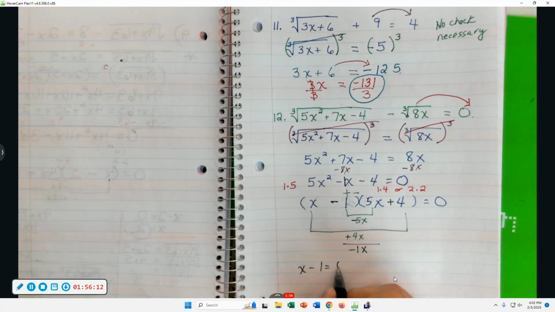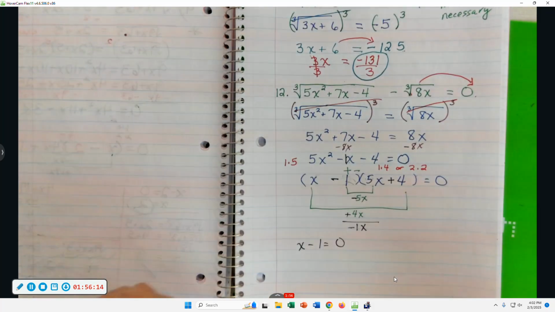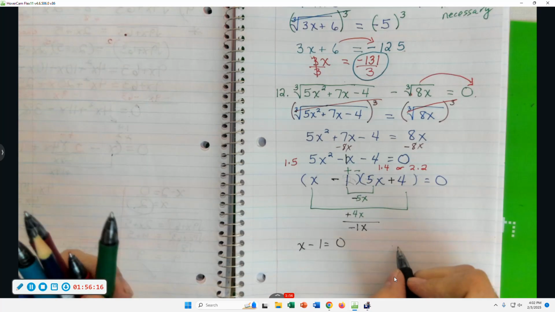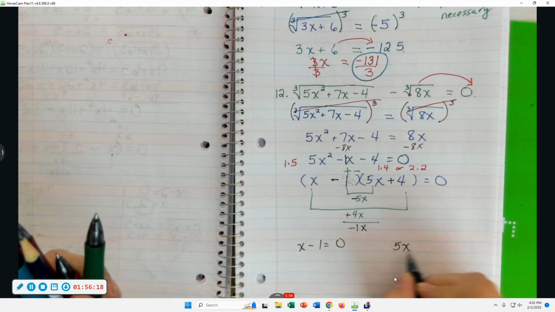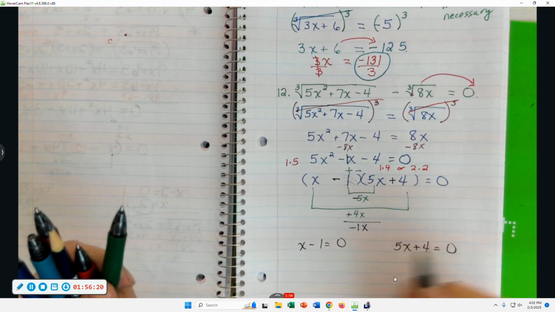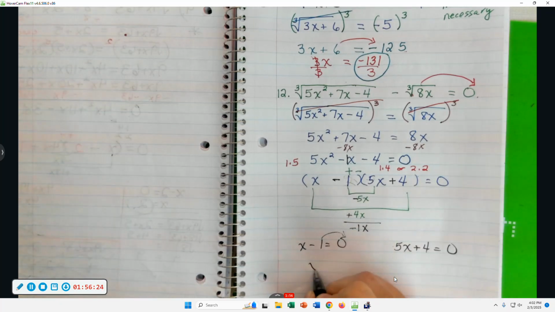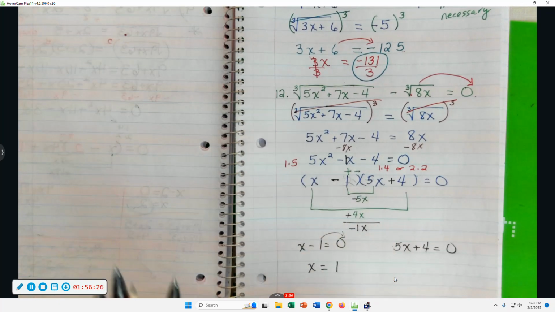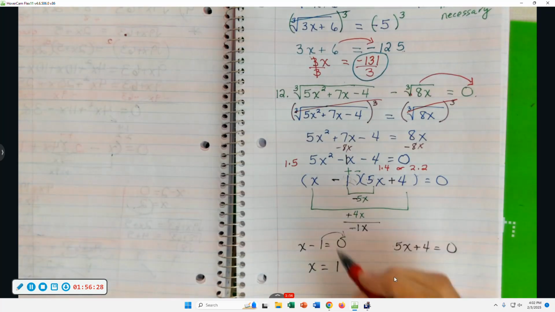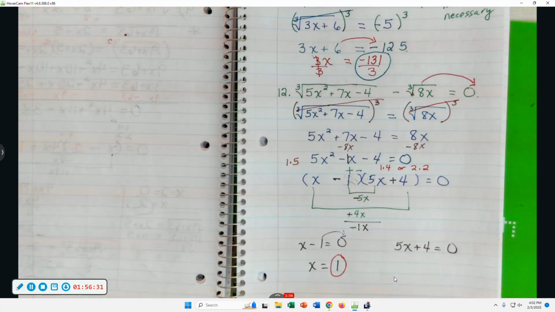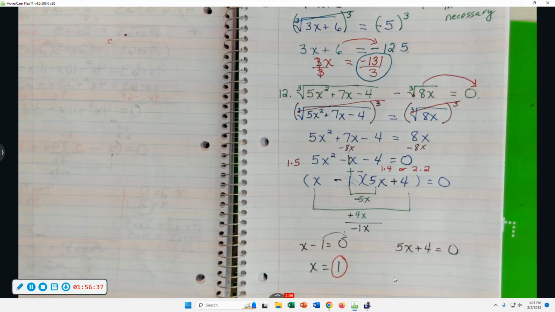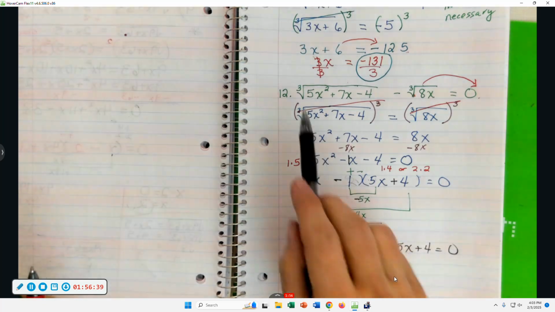Now set each factor to 0. x minus 1 equals 0. 5x plus 4 equals 0. On this first one, to isolate the x, just move that 1 over. I can go ahead and circle that because I don't have to check it, because it's a cube root.